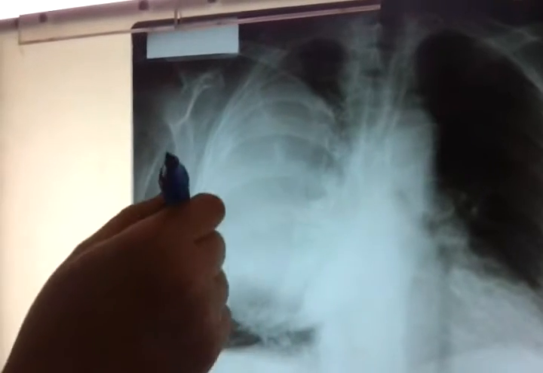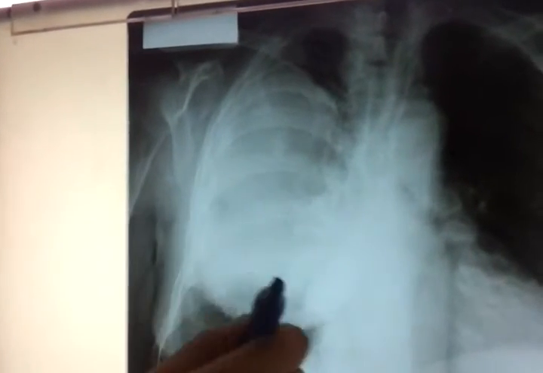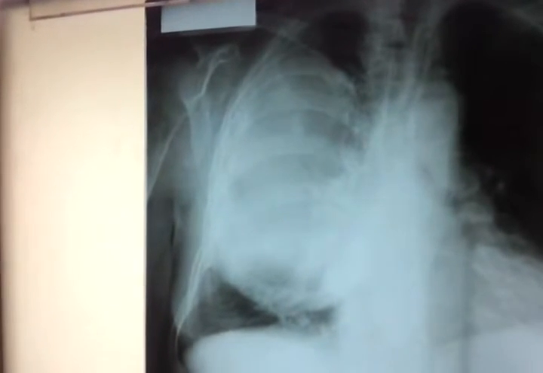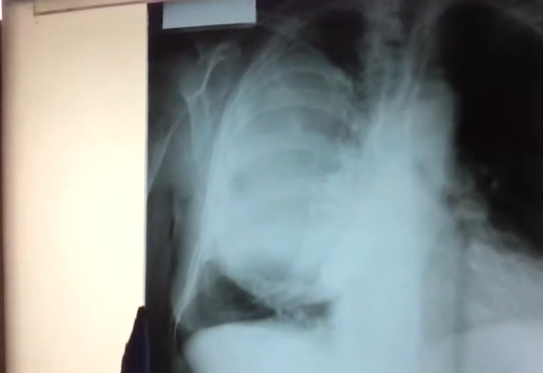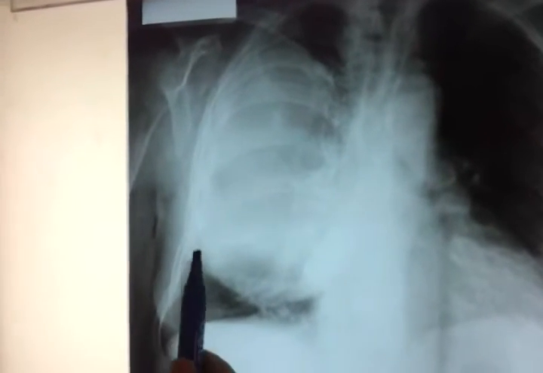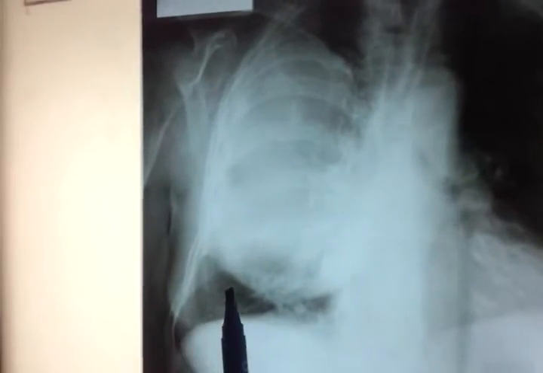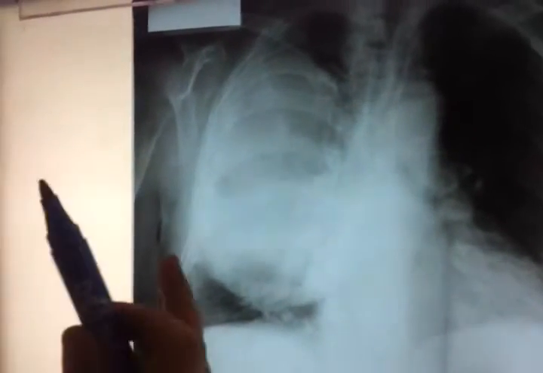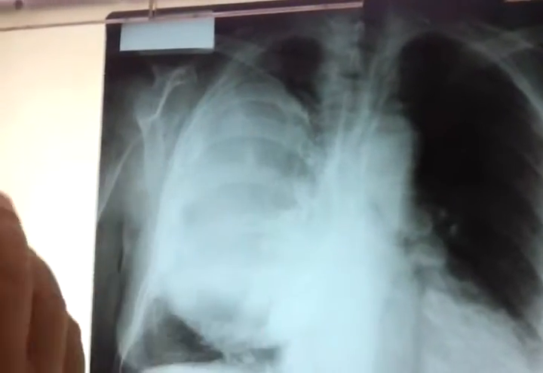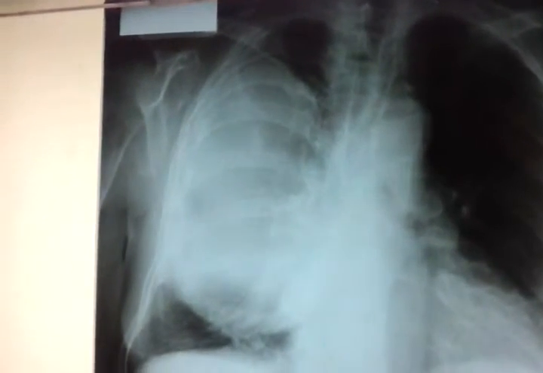If you see a big mass that is peripheral and cavitating, multiple cavitation, this is usually large cell carcinoma. If you see a small mass in the periphery and might be cavitating, this is what? This is adenocarcinoma.